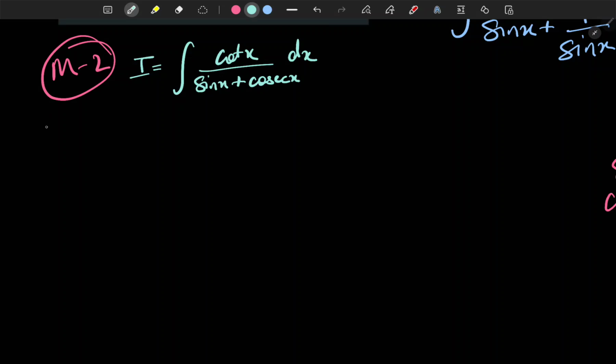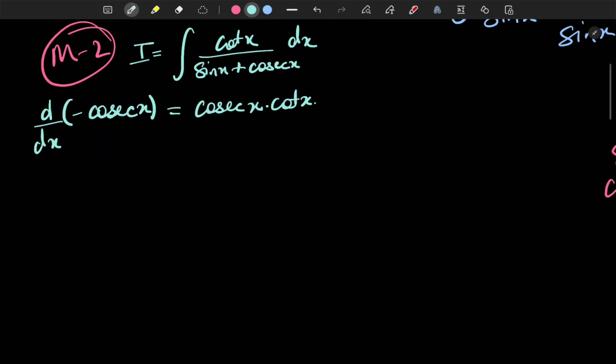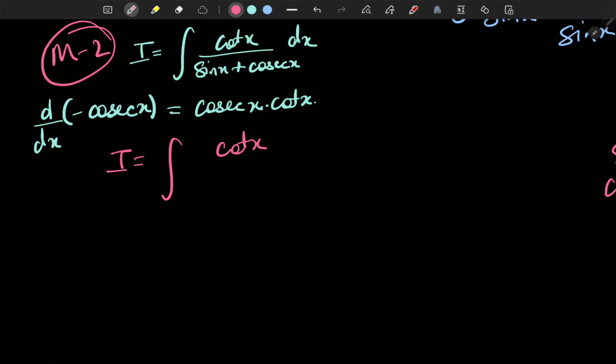We all know that the derivative of negative cosec of x is cosec of x times cotangent of x, so I'm going to use it. I'm letting cotangent stay as it is, and sin x I'm going to write as 1 over cosec of x, plus cosec of x, dx.